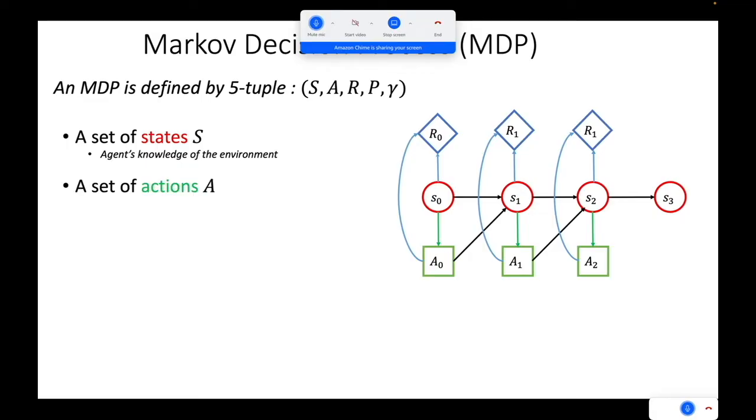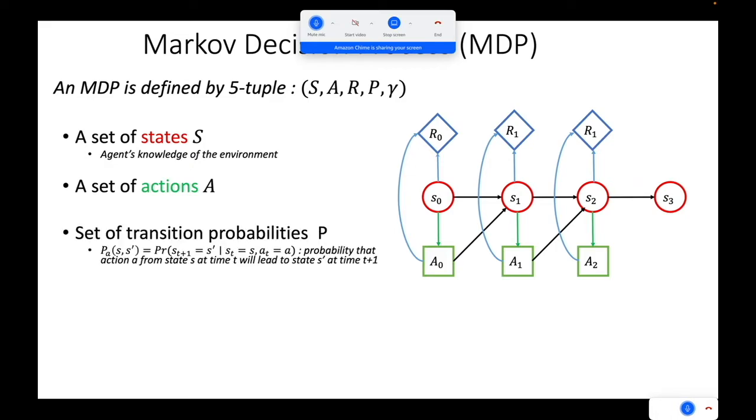It has a set of actions, the universe of actions the agent can take at a given state, though it's possible that you can have some additional rules that say, okay, on certain states the agent is not allowed to take some actions, right?